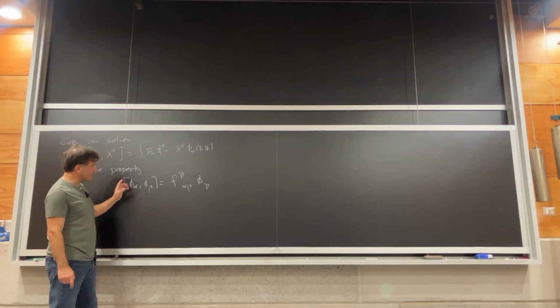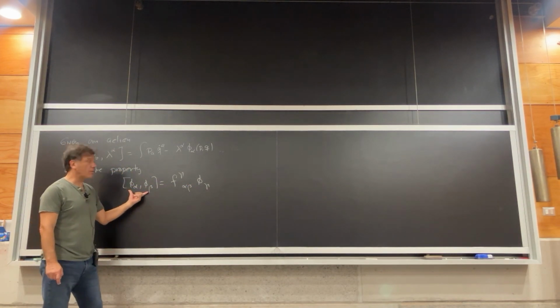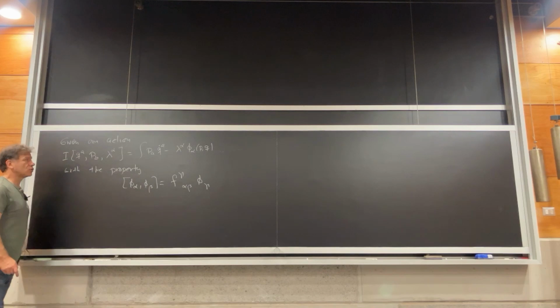But that's the point, the Poisson bracket closes. So you take the Poisson bracket of two of them, and then you get another constant.